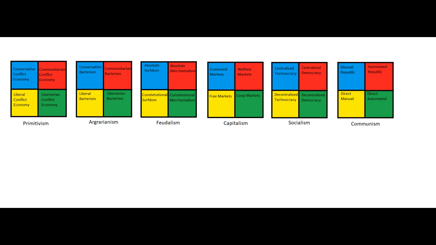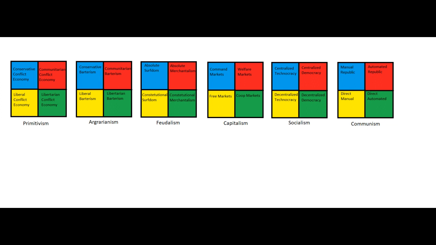That's manual republic and direct manual. Then we have automated on the right. Automated republic and direct automated is basically where everything has reached a point where all resources are at post-scarcity levels.